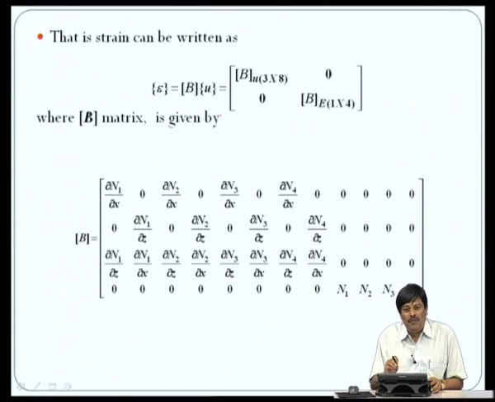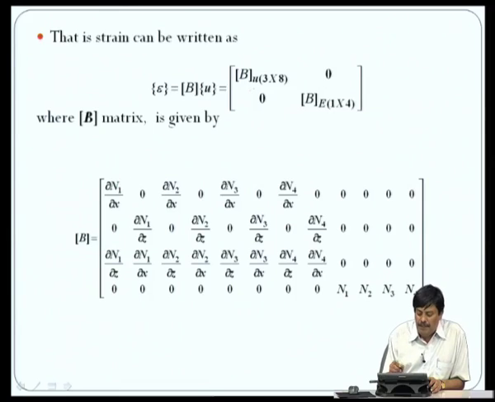It has two explicit components, one coming from the mechanical degrees of freedom, that is U and W, and one coming from the electrical degrees of freedom E. The mechanical part is of size 3 by 8, corresponding to 8 degrees of freedom and the 3 constitutive components, and the electrical part has only 1 constitutive component and 4 degrees of freedom.